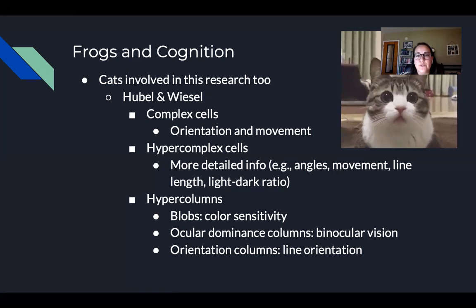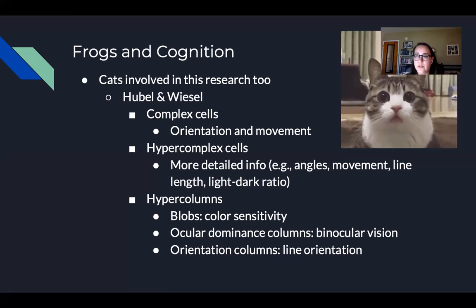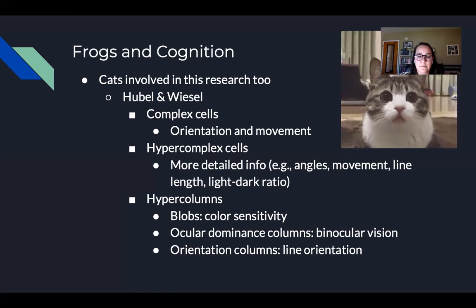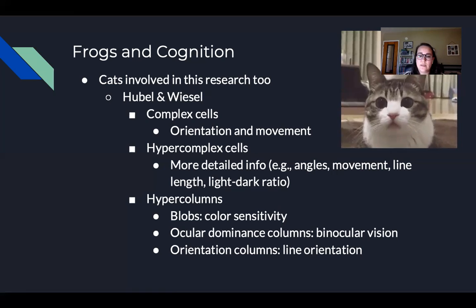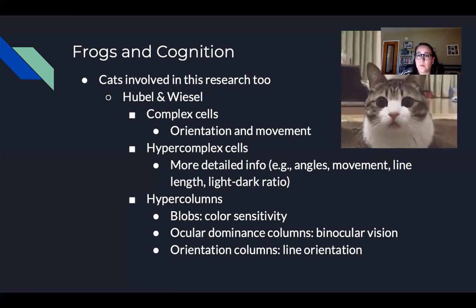And so these researchers eventually came to call these complex cells. And this was in comparison to the simple cells of the on and off center bipolar cells. So we're starting to see this sort of bottom-up approach of we have these simple cells that then eventually lead to organizations of more complex cells.